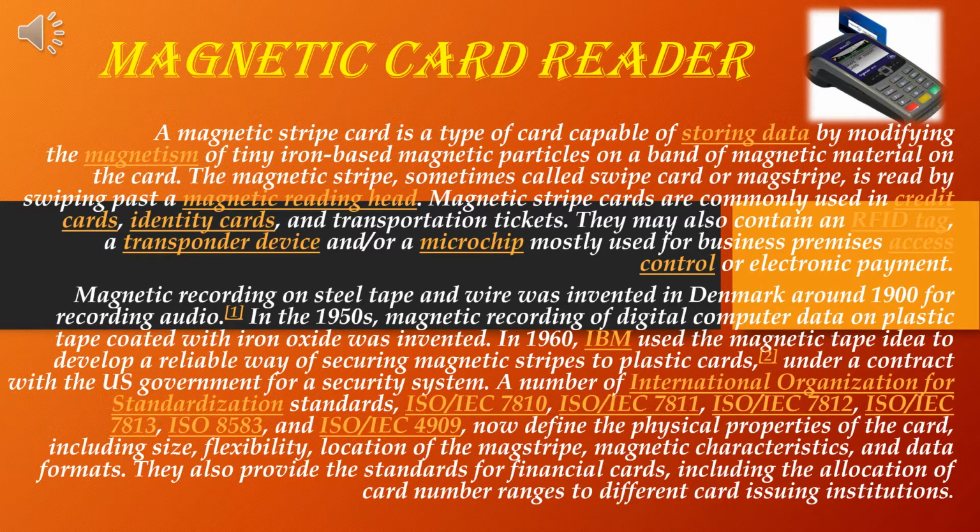standardization standards ISO/IEC 7810, ISO/IEC 7811, ISO/IEC 7812, ISO/IEC 7813, ISO/IEC 8583 and ISO/IEC 4909 now define the physical properties of the card, including size, flexibility, location of the magnetic stripe, magnetic characteristics, and data formats.